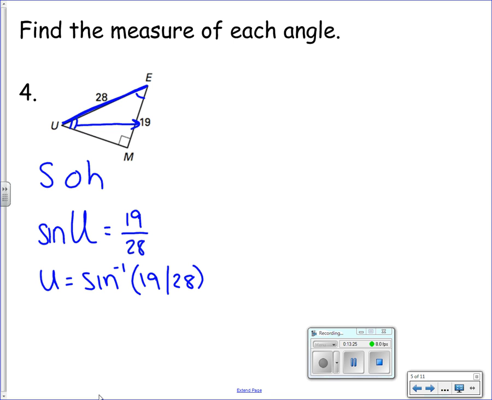So U, again, was 42.73. Angle E was 90 minus that, which was 47.27.